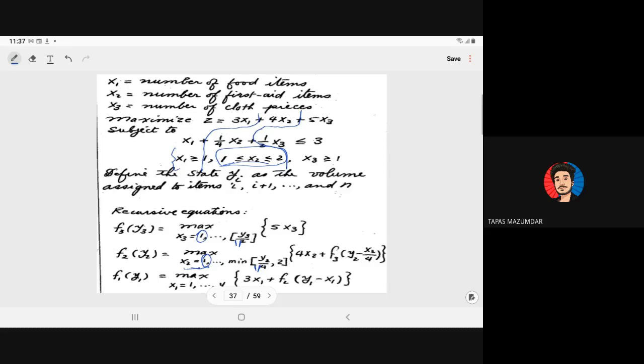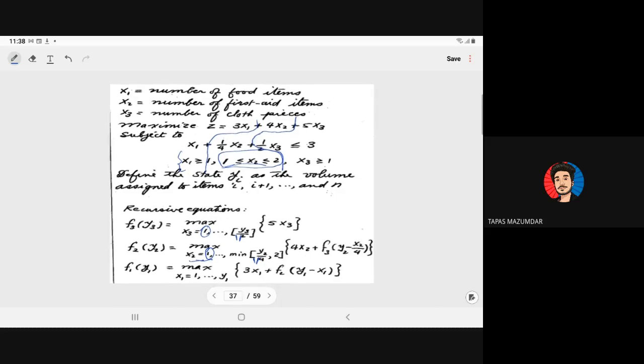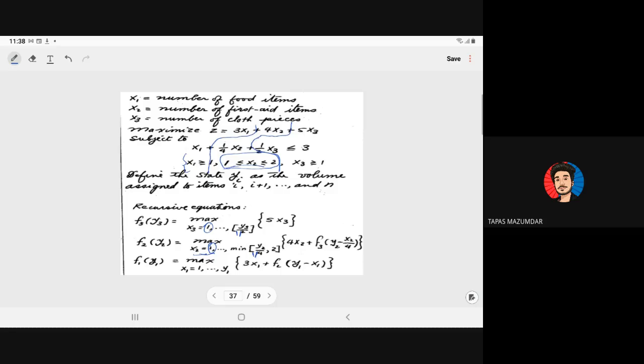Then f1 of y1 will be the maximum of 3x1 plus f2 of y2, and f2 of y2 can be written as f2 of (y1 minus x1), and here the range for x1 will be from minimum 1 to maximum whatever the space of y1 allows, because unit weight is 1.